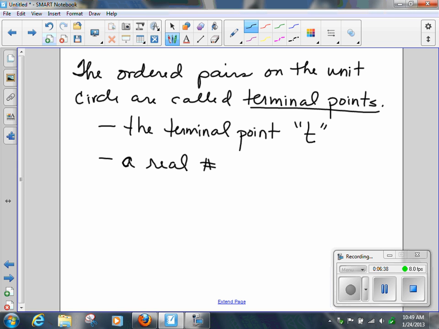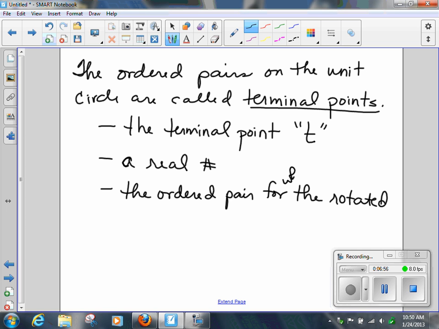It's always going to be a real number. And the terminal point is the ordered pair for the rotated angle for where the rotated angle lands or ends up.